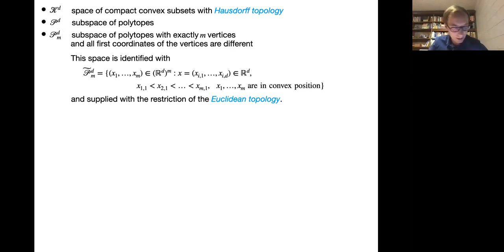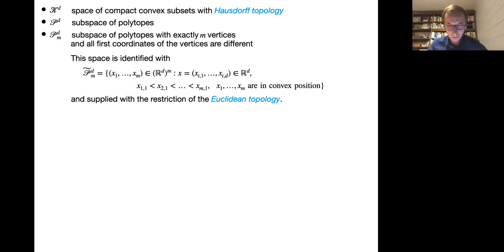But this space is extremely nice because you can identify it with the following subset of a Euclidean space. Namely, you look at all m-tuples of points in R^d such that all the first coordinates are different, and we say that they are increasing. And you want that they form a polytope, so they should be in convex position, because you want the resulting polytope to have exactly m vertices.